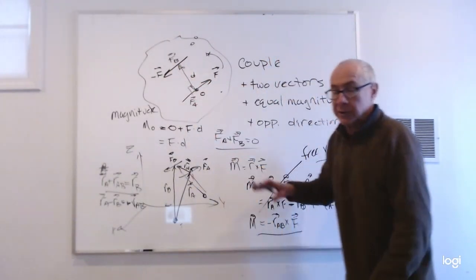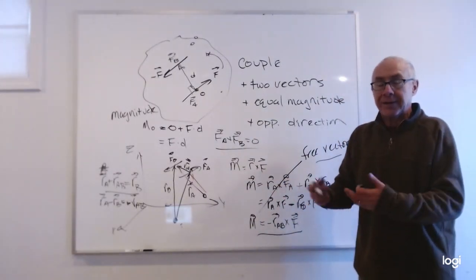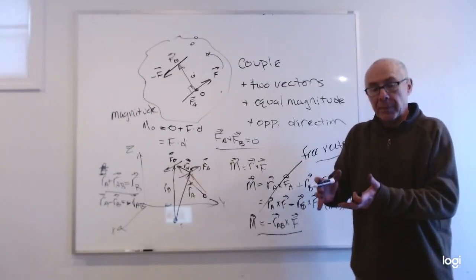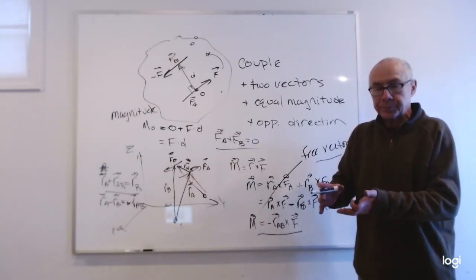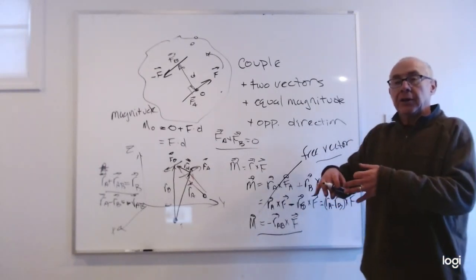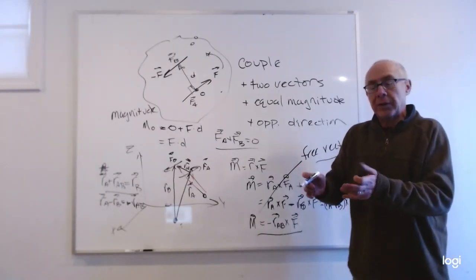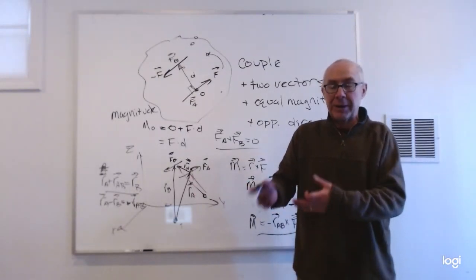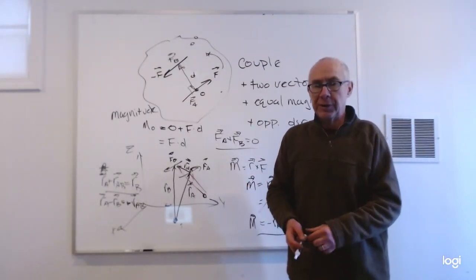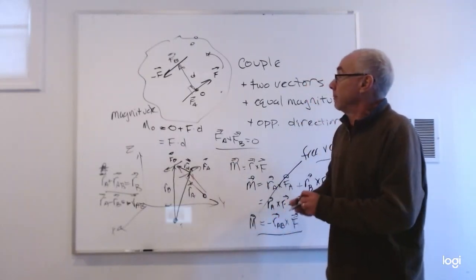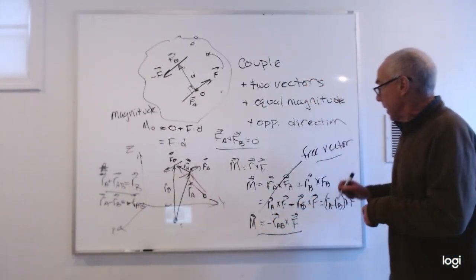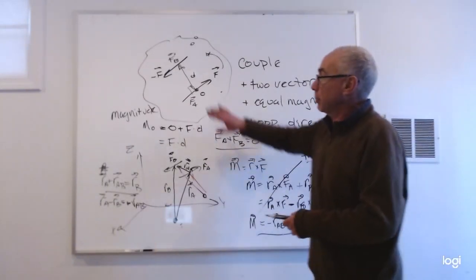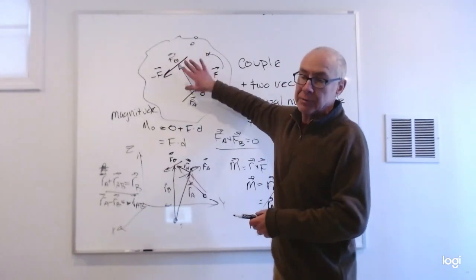So it's a free vector, and that's going to be very useful when we get to simplifying systems and are looking at the moments caused by couples and figuring out the total moment when we're summing up the moments. In later lectures, we'll talk about what I mean by summing up moments and why we do that. So keep in mind that a moment caused by a couple is a free vector, and it's applied anywhere on the object.